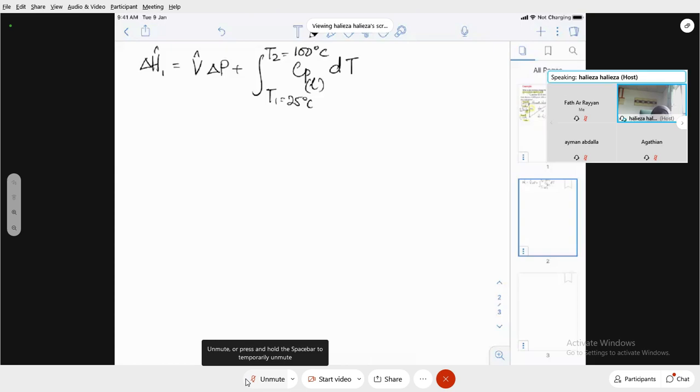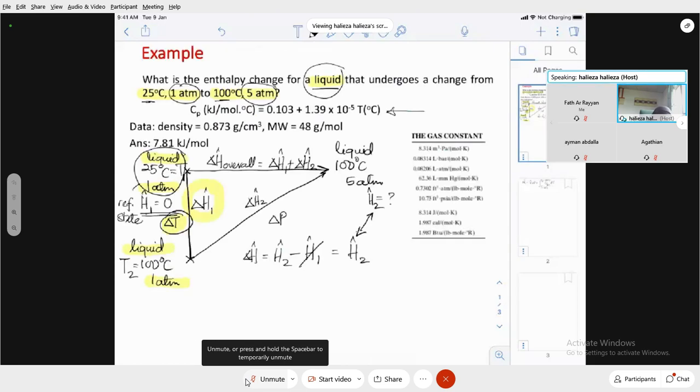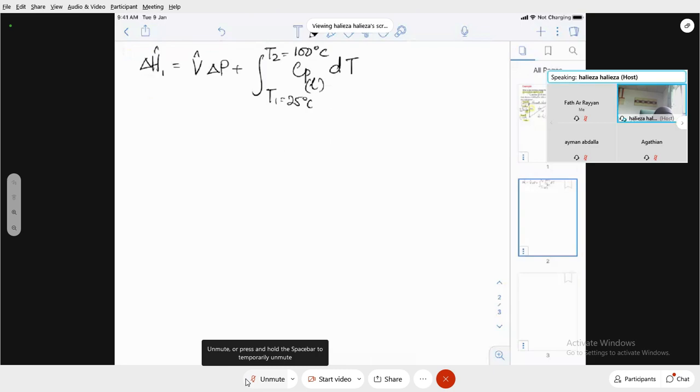Let's go back to the equation. Cp is in terms of degrees C. That's why we write our integration in degrees C. So let's jot down that equation. I hope you guys know how to use your calculator to integrate. I'm going to write down the equation.